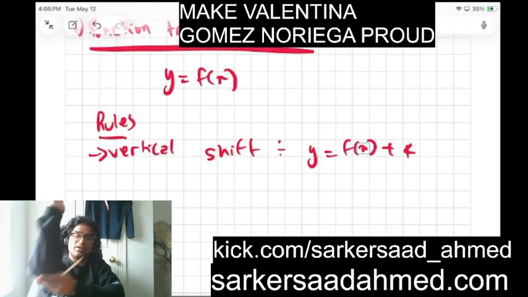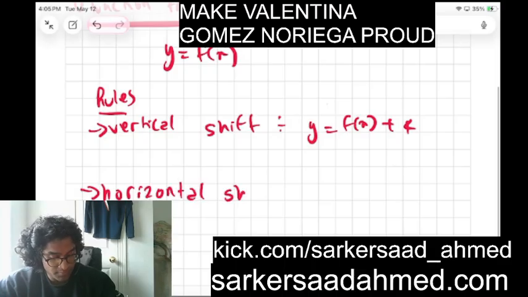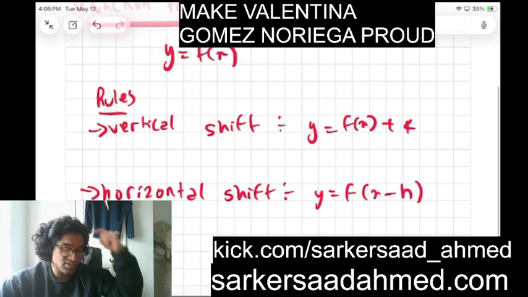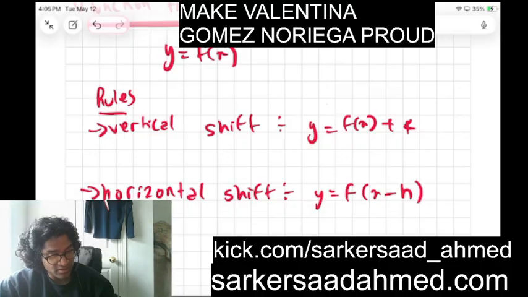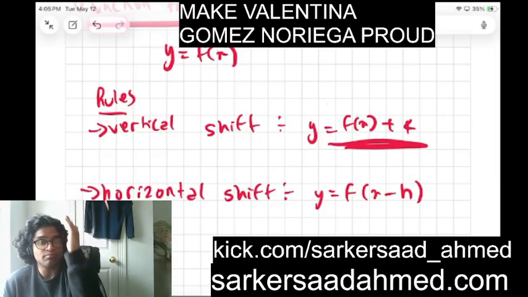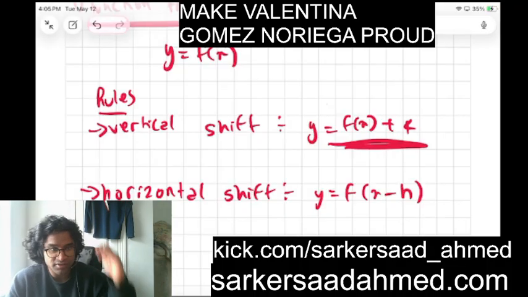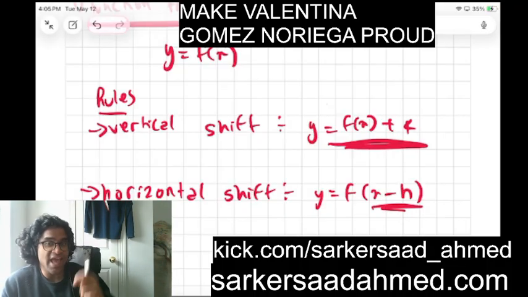It shifts vertically. Horizontal shift is y equals f of x minus h. This tells us that y is shifted by some steps k, either back or front, and this tells us that x is shifted by some value h.